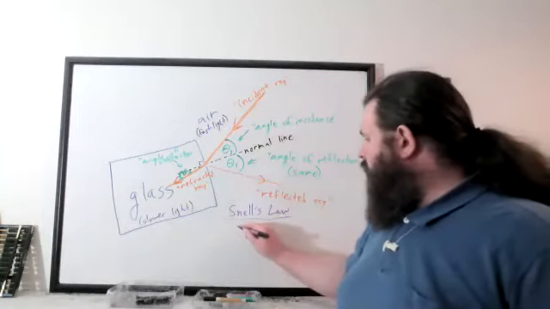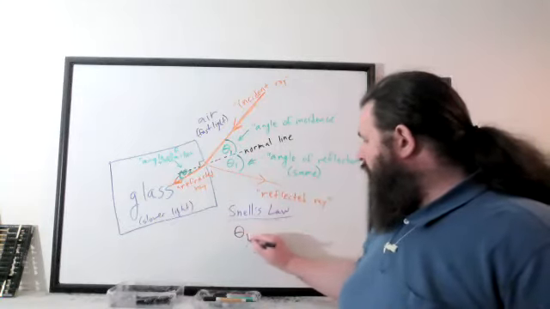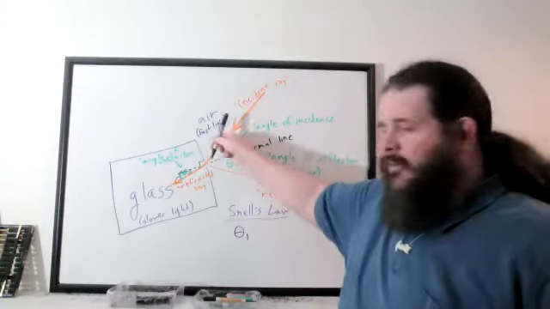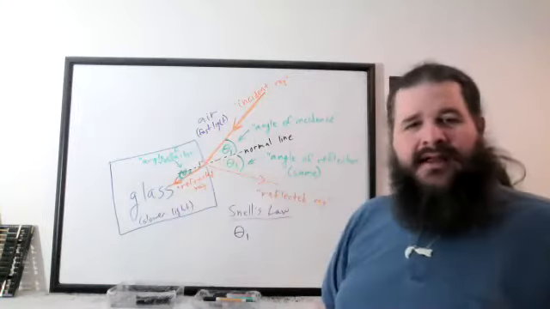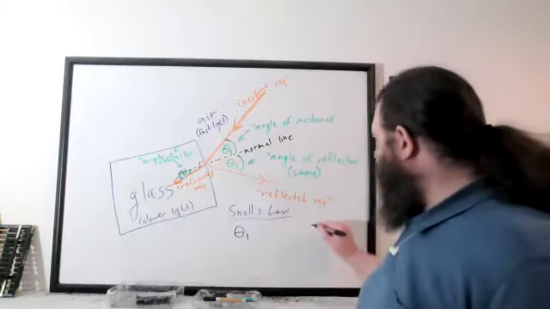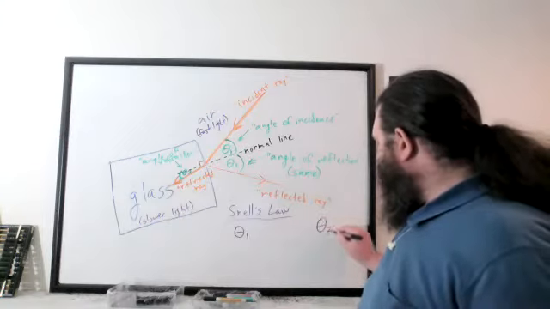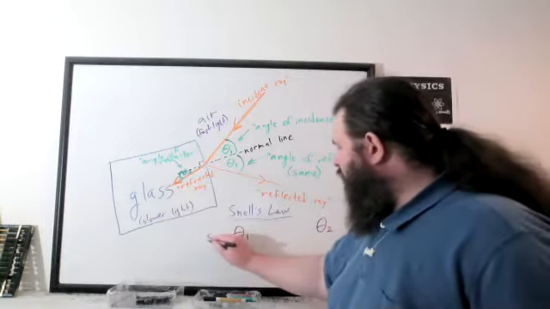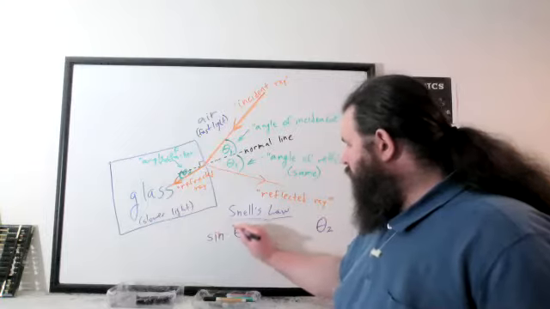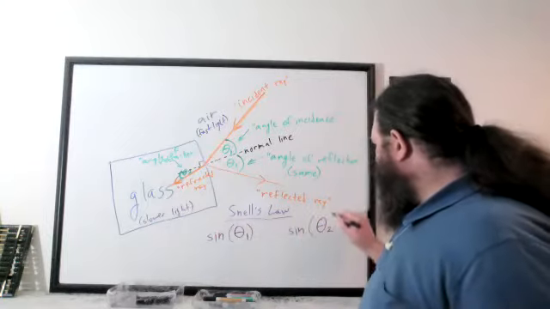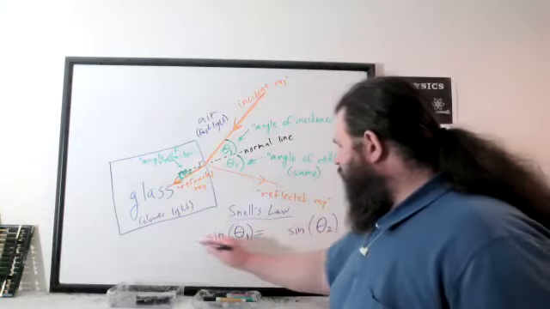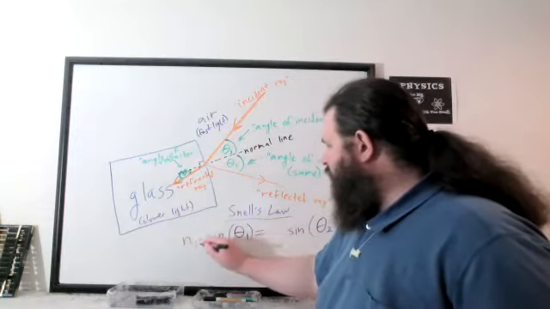But the incoming ray angle, always measured from the normal line, and the refracted ray angle, measured from the normal line on the other side, are related based on the sine of both angles multiplied by these constants called the index of refraction.